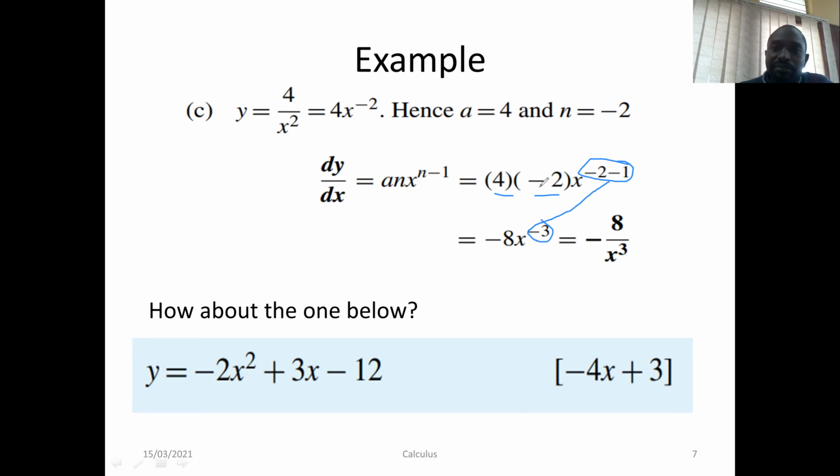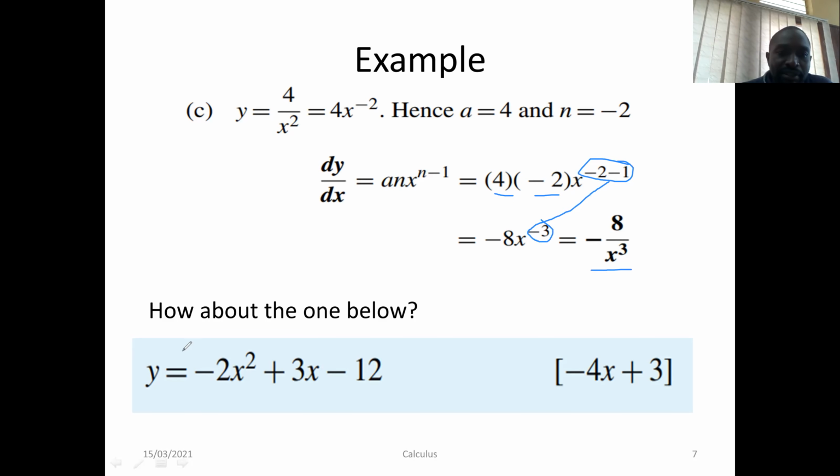And then 4 times negative 2 gives you minus 8, multiplied by x, which is simplified to give minus 8 over x to the power 3 as a negative answer.